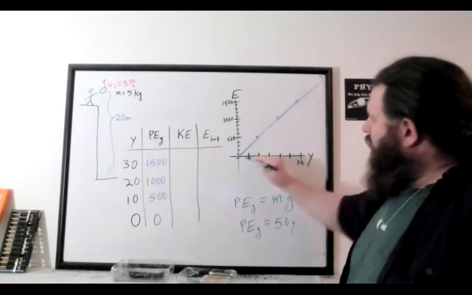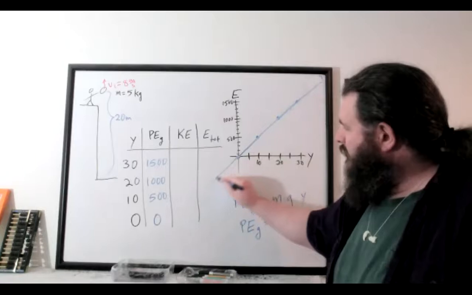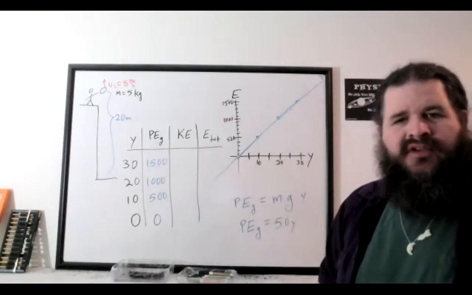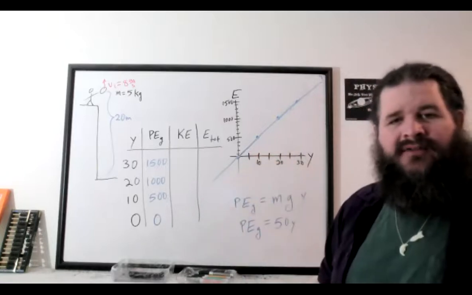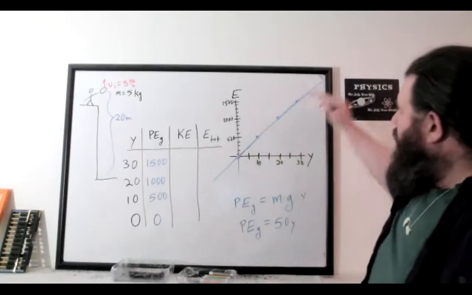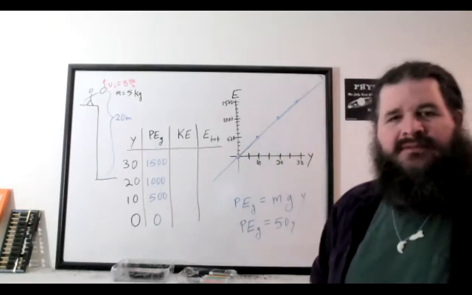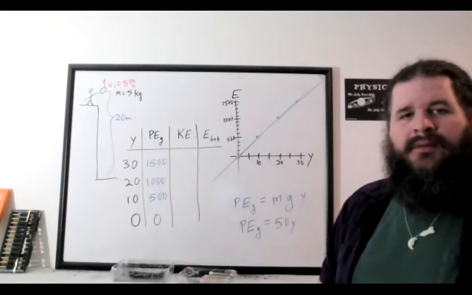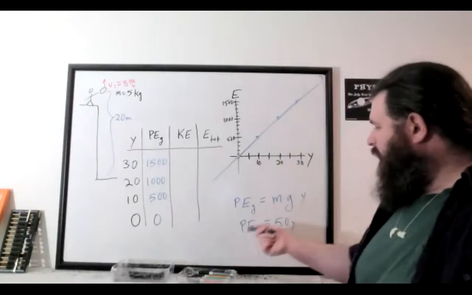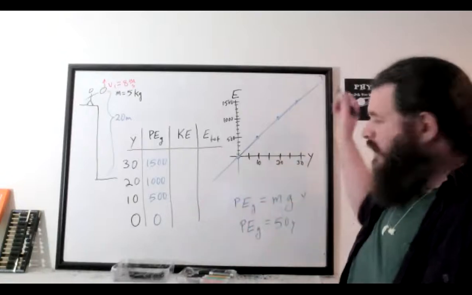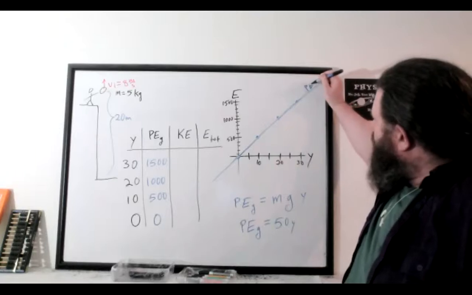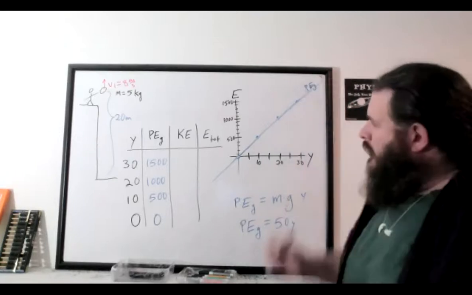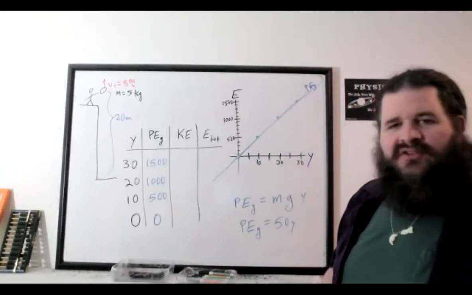Mathematically, it just keeps going as a line forever in both directions. Of course, in practice, we wouldn't extend this one beyond 0 because we're treating 0 as ground level. And it's not really going to go up forever either because the ball doesn't keep going forever. But mathematically, the function output equals 50 times input is going to be a straight line with slope 50. So there's our potential energy graph. Any questions on that so far?